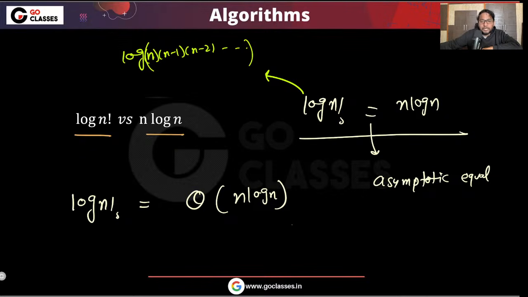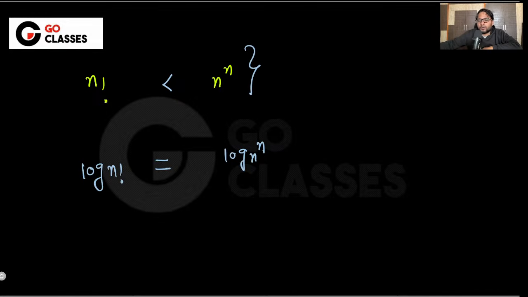I hope you understood this: before taking the log, in between n factorial and n to the power n, what is the relation? Before taking the log, this is strictly less. Interestingly, after taking the log, this is log n factorial, this is log of n to the power n, or you can write n log n. After taking the log, both become equal. You need to remember that before taking the log, this is the relation.